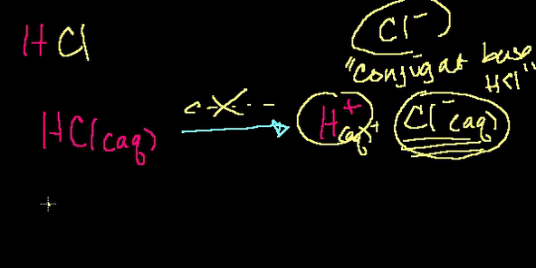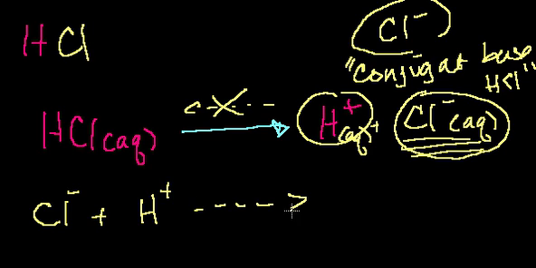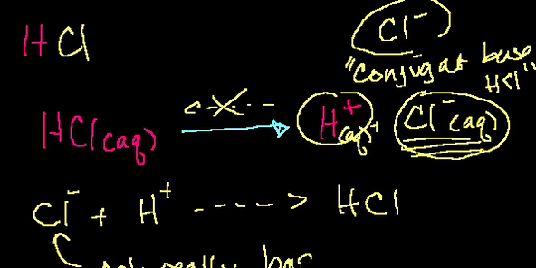So if you put some chlorine plus some hydronium, or let's say just some H+, you're not going to reform hydrochloric acid. So this is not really basic, even though it's considered a conjugate base. That's generally the case whenever you're dealing with strong acids.